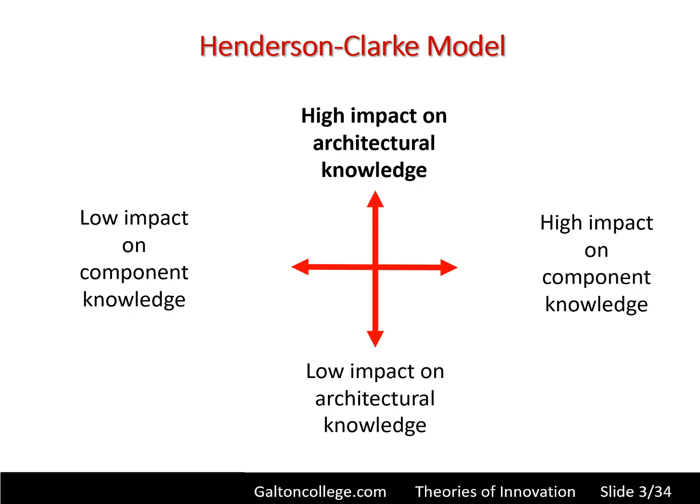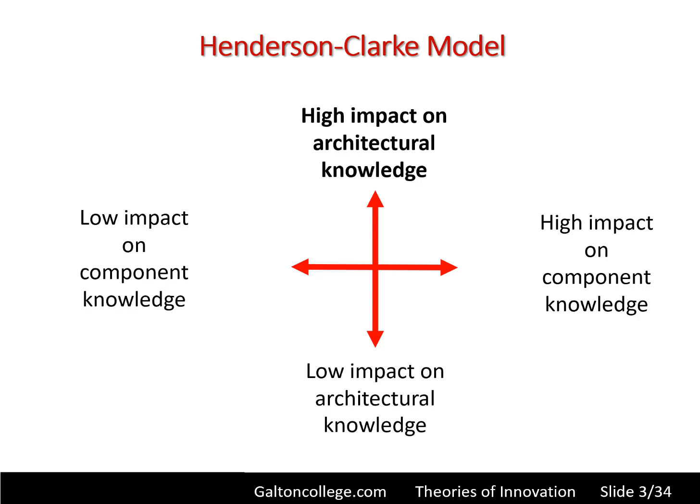It cuts across the whole product or the whole service and what's needed in order to deliver that product or that service. So in the case of the diagram, the top center is high impact on architectural knowledge. It's got a high impact, whatever the type of innovation is, on that particular aspect.